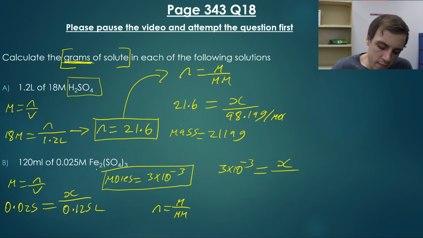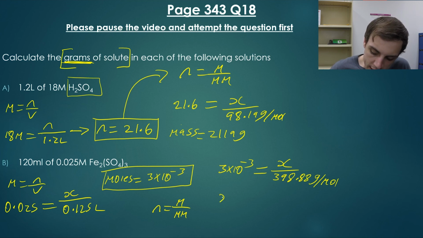So we have 2 lots of iron, 3 lots of sulfur, and 12 lots of oxygen. So we rearrange this formula, we bring this up here. So we've got 398.88 times 3 times 10 to the minus 3. And that will give us 1.2 grams.